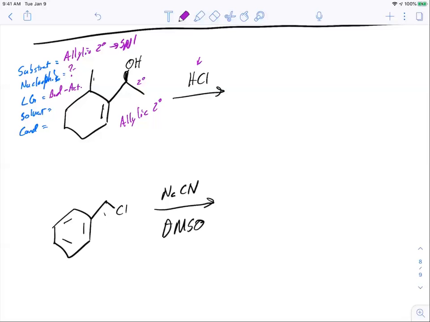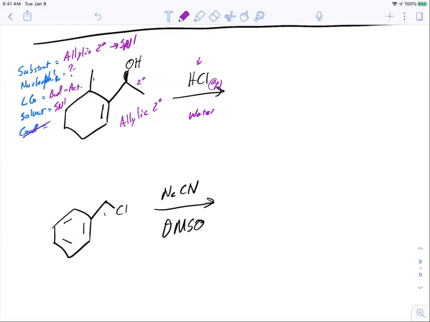What is the solvent? Well, I have HCl. Is HCl anhydrous or aqueous? Okay. It's always aqueous, right? In fact, you can't get the water out of it. So since it's aqueous, that means my main solvent is water. That suggests an SN1. That's a protic solvent. Okay. And then I don't have any conditions, right? So it didn't tell me any other conditions.